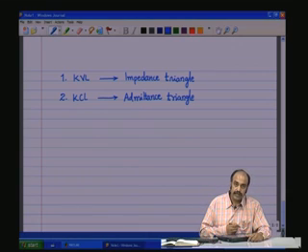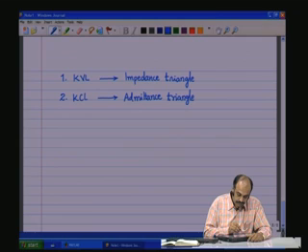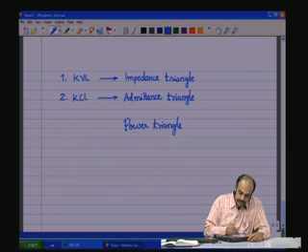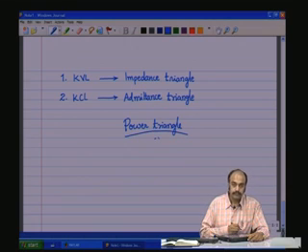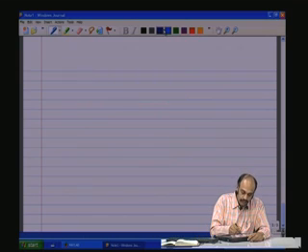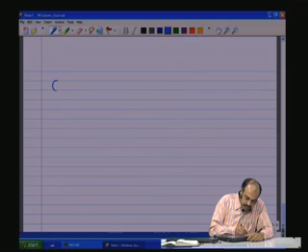There is one more triangle which you will come across, and that is the power triangle. Let us see what this power triangle is. Let us go back to our now more common RC circuit.